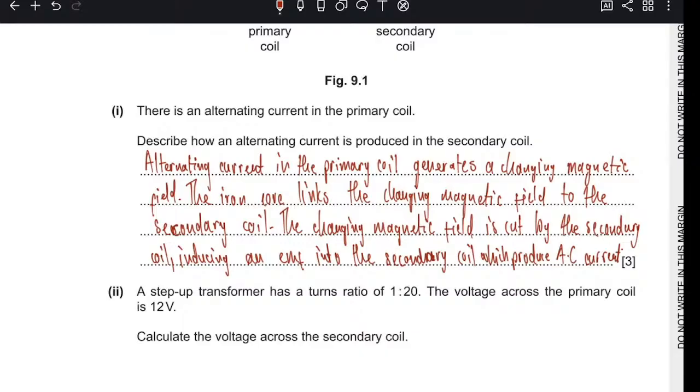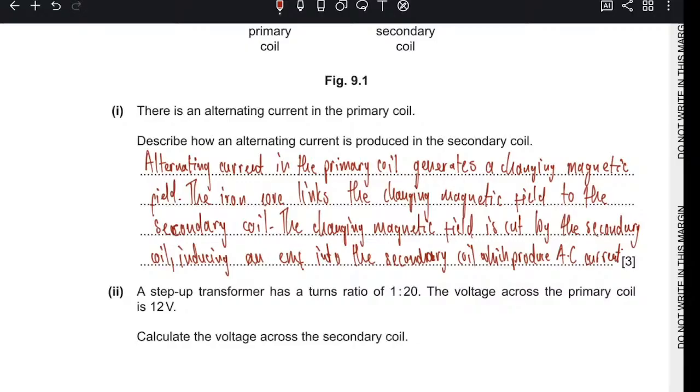Don't say cuts the coil, just say is cut by the coil. Once that happens, an EMF is induced in the coil. And you talk about an AC produced in the secondary, and you can tell them why: the field is changing, so it will also have a current which changes.